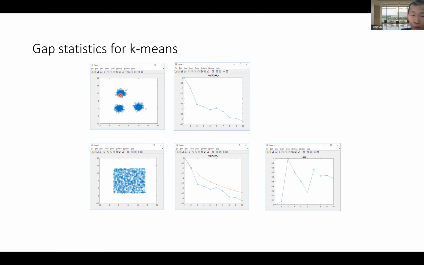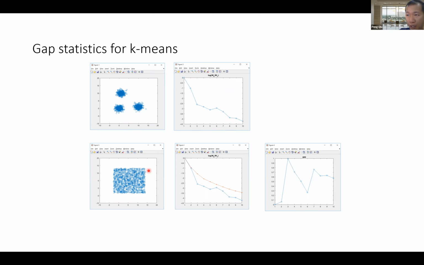And when k equals 4 or larger, the W quantity will roughly still represent just the sum of these 3 areas. So that's why when we plot, say, W_k over the first W, so we normalize a little bit, we see that there's a quick drop to the right number of clusters. And after that, it's still going to be dropping because we're still dividing, but the drop is going to slow down. So this is how the first curve is generated.